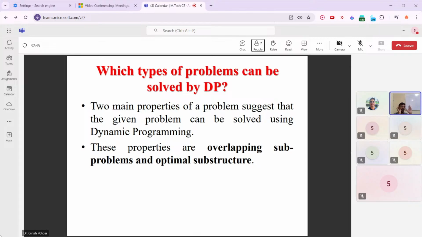And each structure has to have an optimal solution. Supposing that a particular structure doesn't have an optimal solution at all, then you cannot apply it. So those two things are overlapping subproblems and optimal substructure.